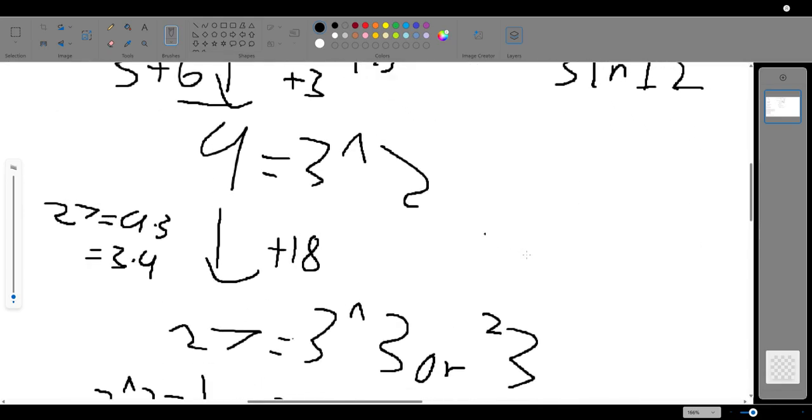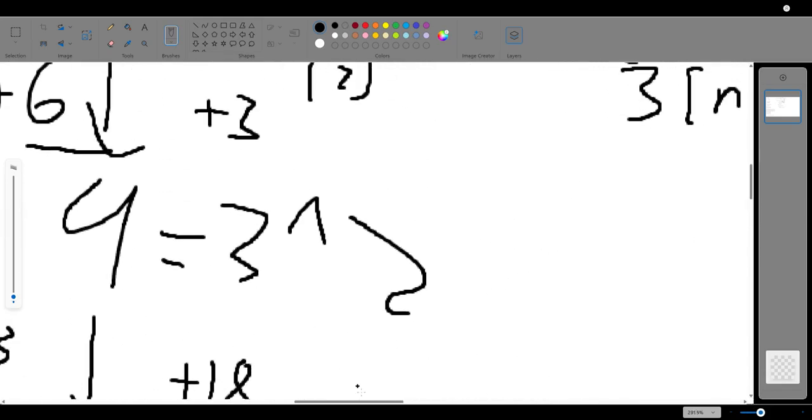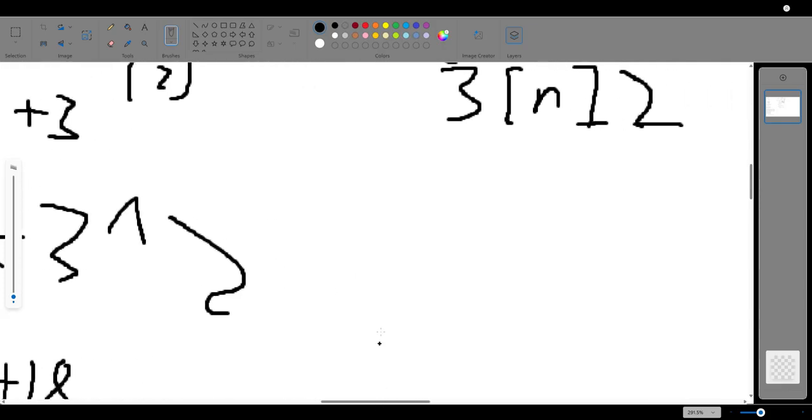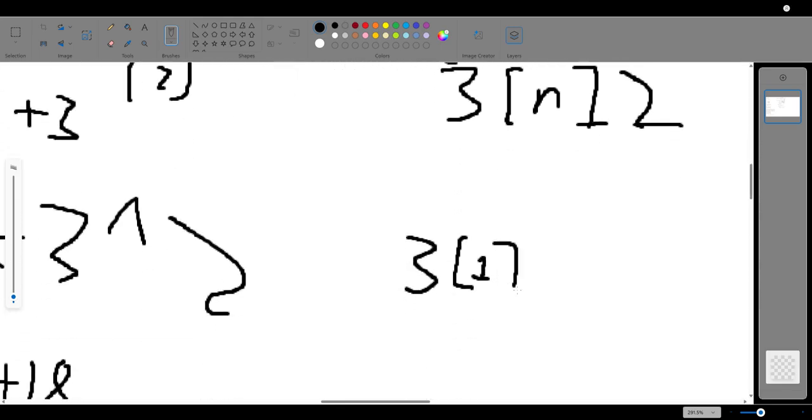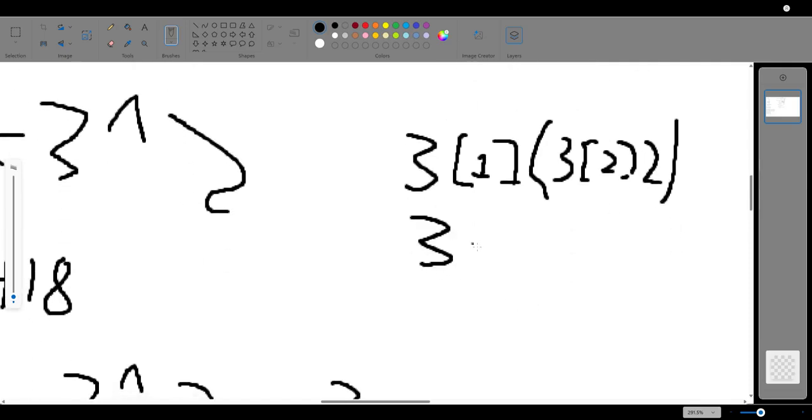So then, in the case of 3 to the power 2, it would be 3, and then 1, and then bracket 3, 2, 2. Or 3 plus 3 times 2, which equals 9.